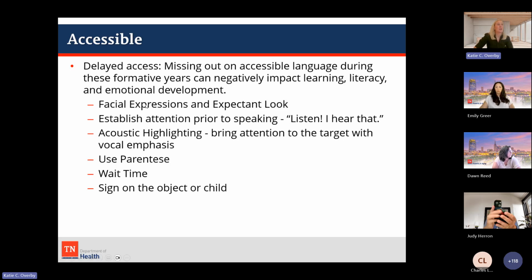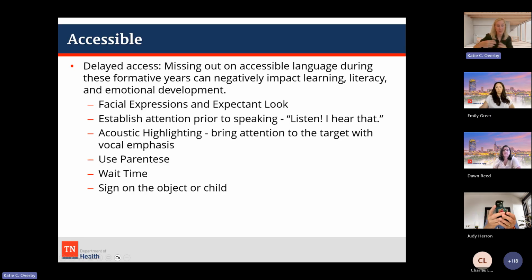So we want to make sure that we are giving good facial expressions and an expectant look. And I kind of modeled this when we were looking at detection, that we really want kids to know, oh, I hear that. We want them to know that there is a sound. And that also goes for children who are learning sign language.